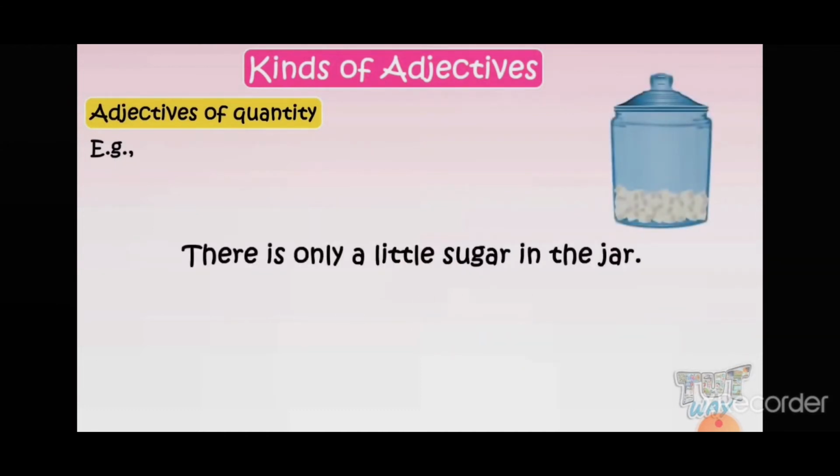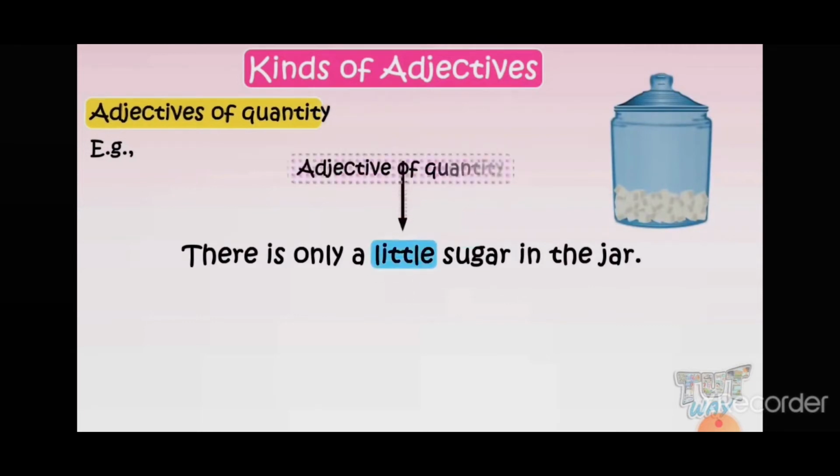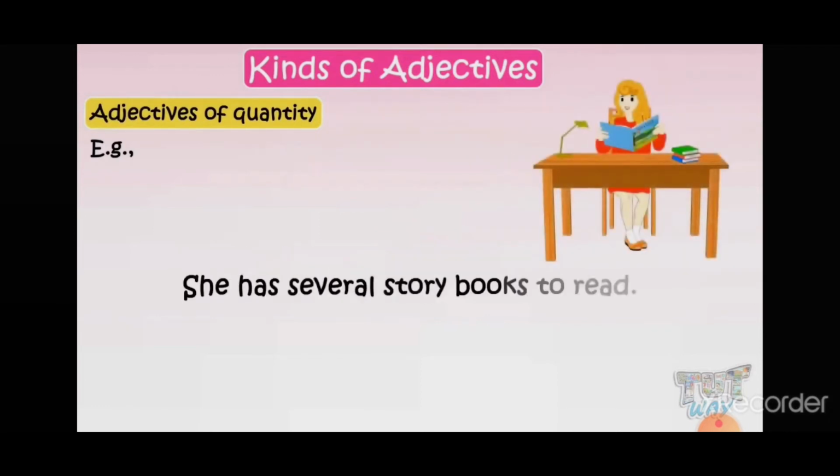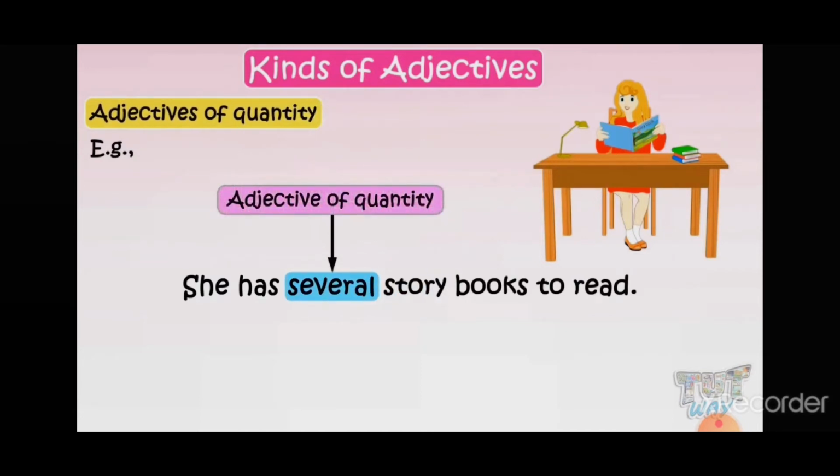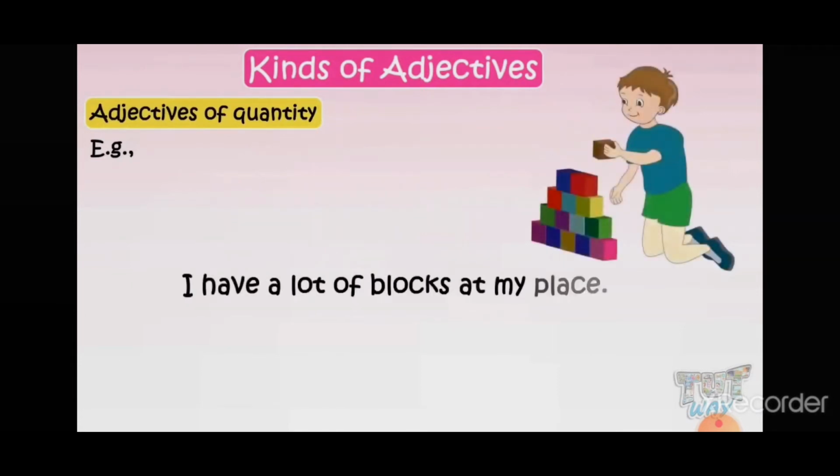There is only a little sugar in the jar. Here, little is an adjective of quantity. She has several storybooks to read. Here, the word several is an adjective of quantity. I have a lot of blocks at my place.